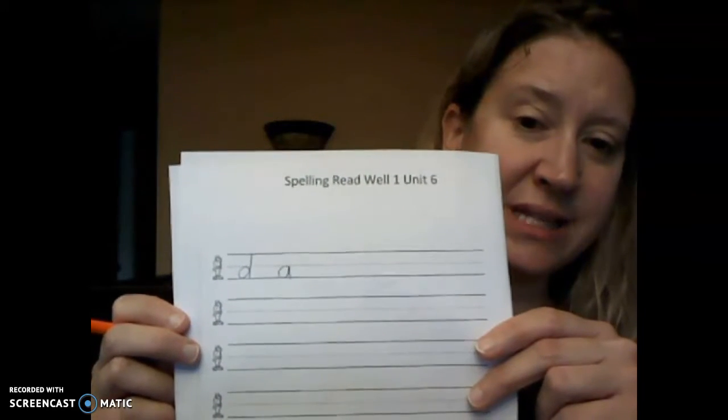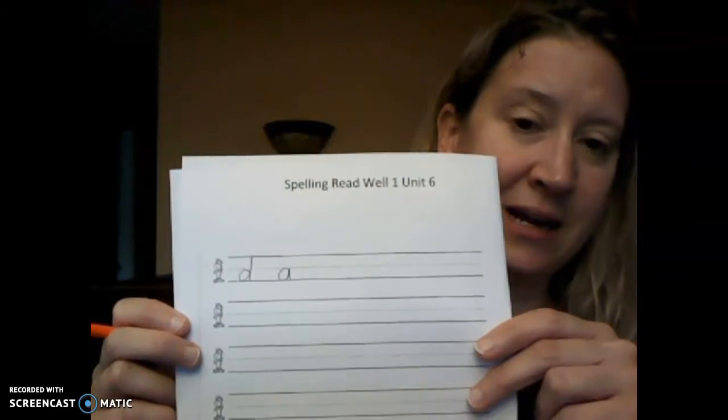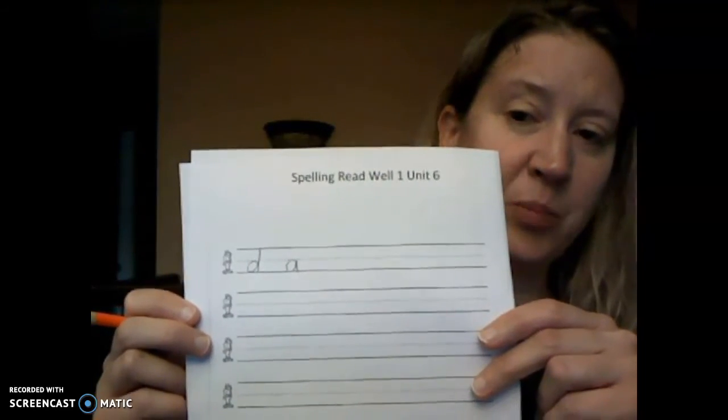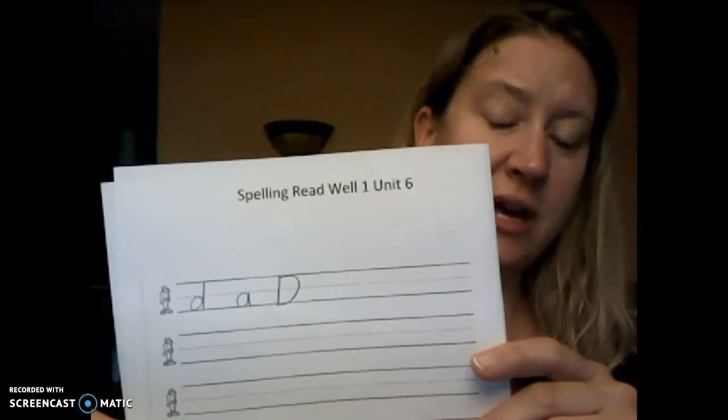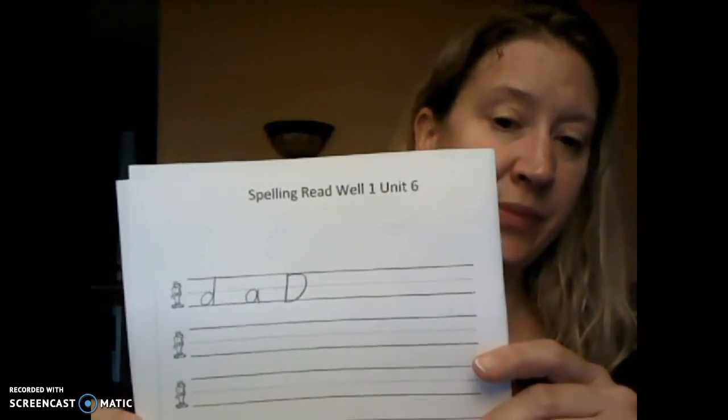So it's a magic C turn into an A. All right? Put a finger space. And your next letter sound is D with a capital letter. And this is what you should have, capital letter D.